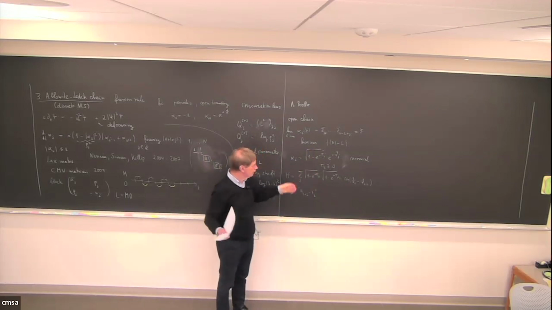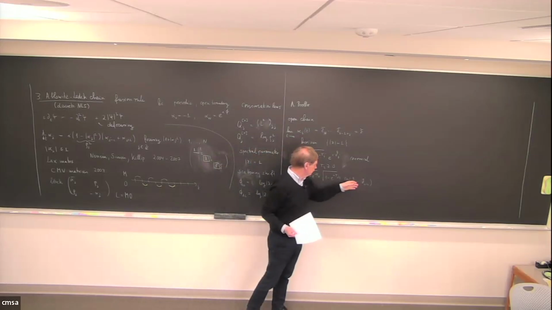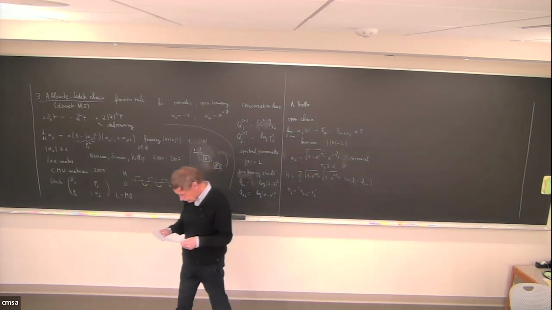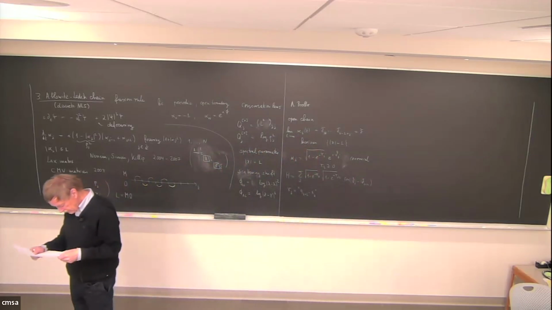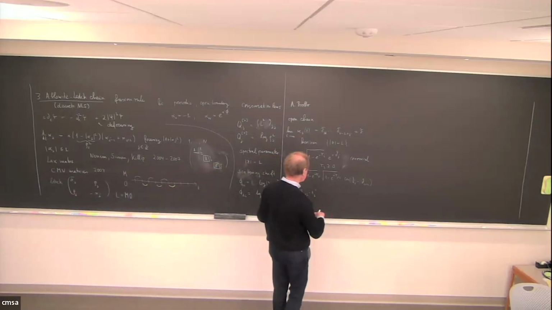The one for the Toda, you have these particles which are moving. Of course, the momenta are now these phases, so they lie on the unit circle. But otherwise it's the same, and you can also figure out the asymptotic velocities.